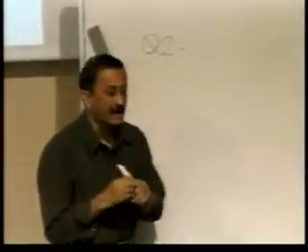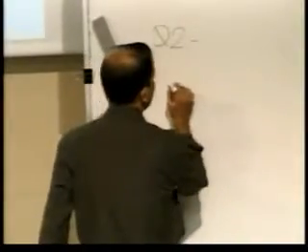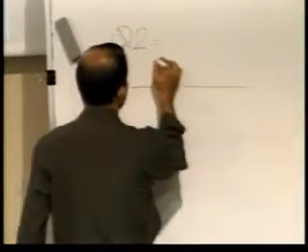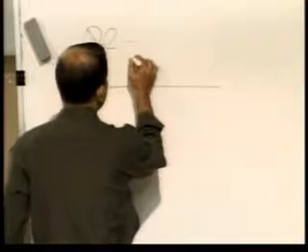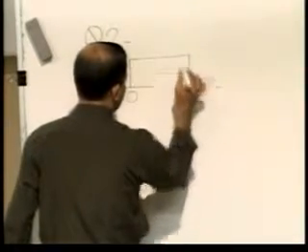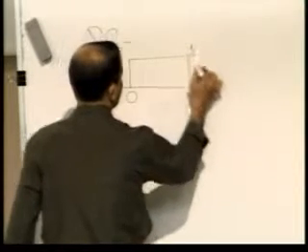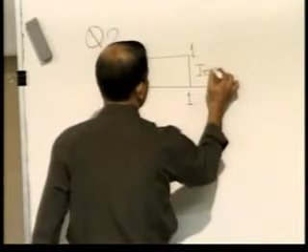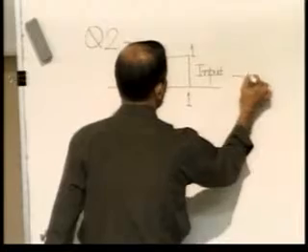So, you are given one pair of input output functions as follows. You are told that this input produces this output.